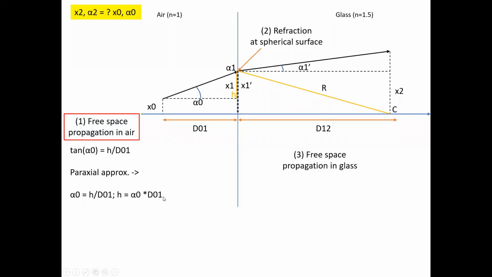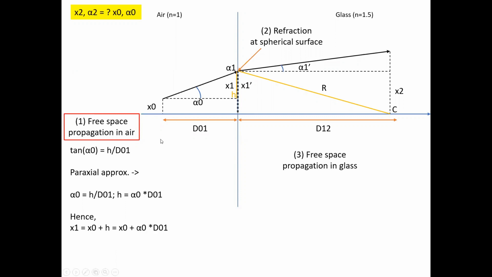Again, the goal is to find a relationship between the output side and the input side. So what is the height x1? x1 is basically x0 plus h, which was alpha 0 times d01 that we derived here. So x1 equals x0 plus alpha 0 d01.